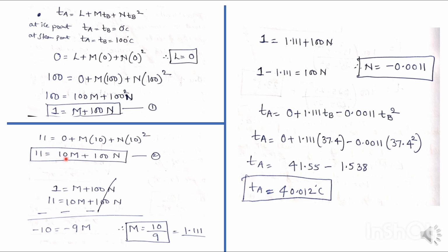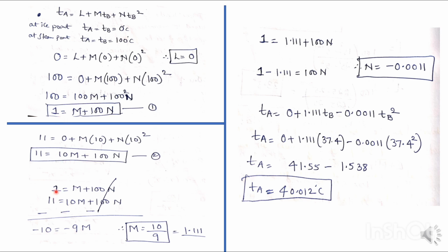So L1 = 10M + 100N. Let me call this equation 2. We have already calculated L, so to calculate the remaining two constants, M and N, we have to solve equations 1 and 2.